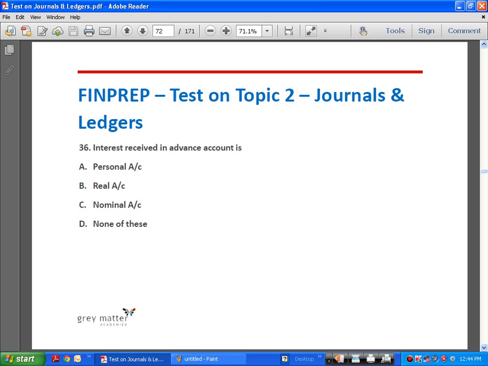So just two problems back, we saw that the business had received interest in advance from Mohan. So the account that records the interest that the business has received in advance is the account that represents Mohan. That is, it represents the amount that the business has received in advance from Mohan, and hence it is a representative personal account.